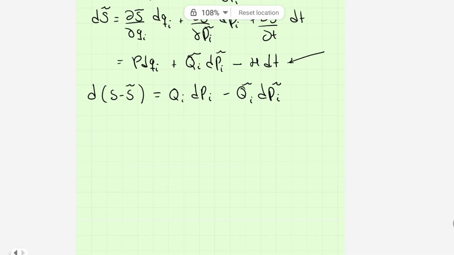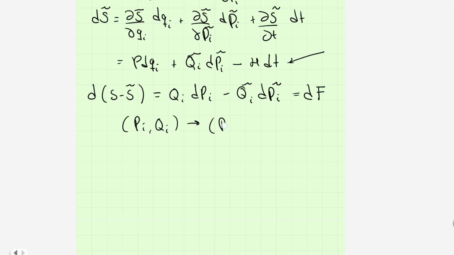And we can express this as the differential of a new function F that is going to represent the canonical transformation that we are interested in, that relates the pi and the qi with the Pi tilde and the Qi tilde.